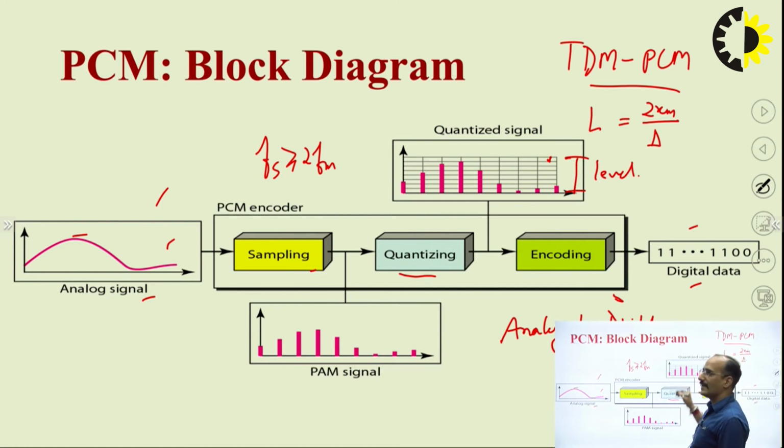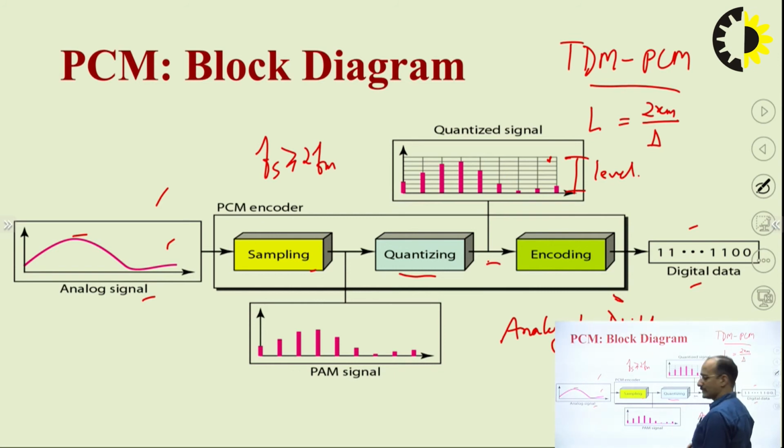Now, those L levels are assigned to the various samples by comparing each sample with the nearest available level. If some sample does not exactly match a level, it will be rounded off to the next level, and that level is assigned to the sample.